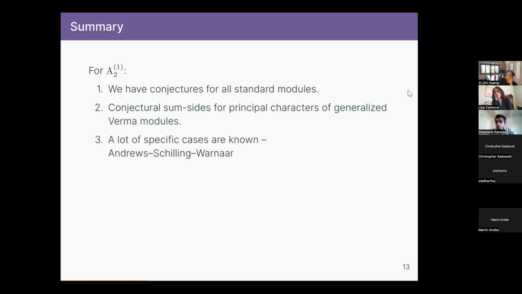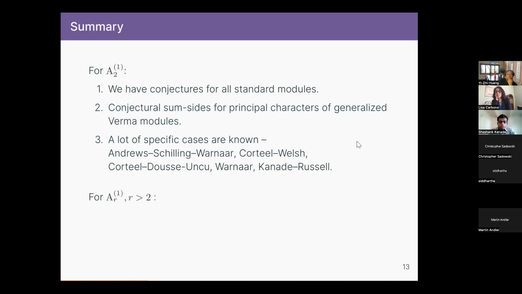And already a lot of special cases were known. The whole story starts with a really groundbreaking paper of Andrews-Schilling-Warnaar from 1999, and it was published in JAMS, so you can already see how big and important that paper was. And recently, other special cases have been found by Corteel-Welsh, Corteel-Dousse, and Warnaar himself, and now by us.